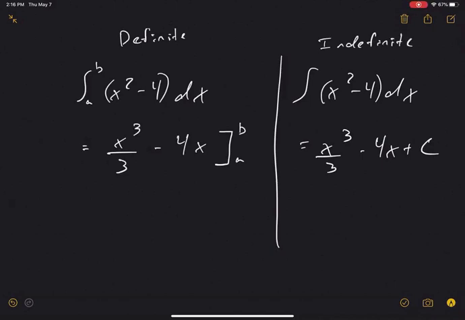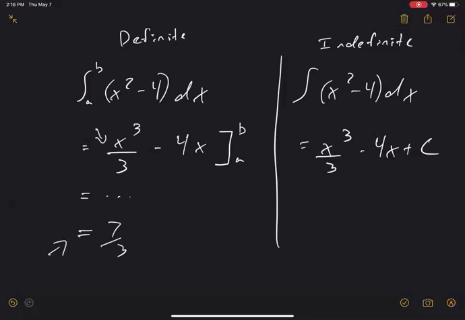In the definite case, we're looking for a number that represents our area beneath a curve, right? So we find the antiderivative, that's just a tool that we use to find our area. Then we plug our stuff into our antiderivative and we get a number at the end. I think the answer is 7 over 3.